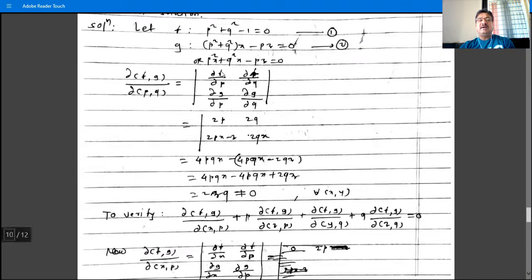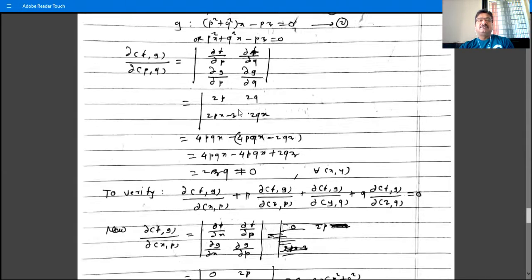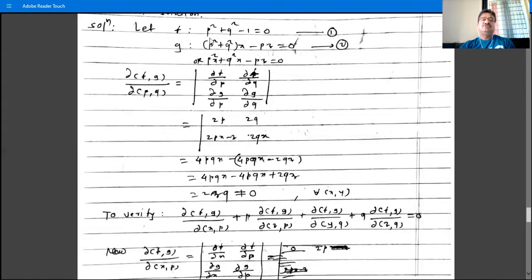This Jacobian is the determinant of ∂f/∂p, ∂f/∂q, ∂g/∂p, ∂g/∂q. ∂f/∂p is 2p, ∂f/∂q is 2q, ∂g/∂p, the derivative with respect to p, is 2px − z, and ∂g/∂q, with respect to q, is 2qx.